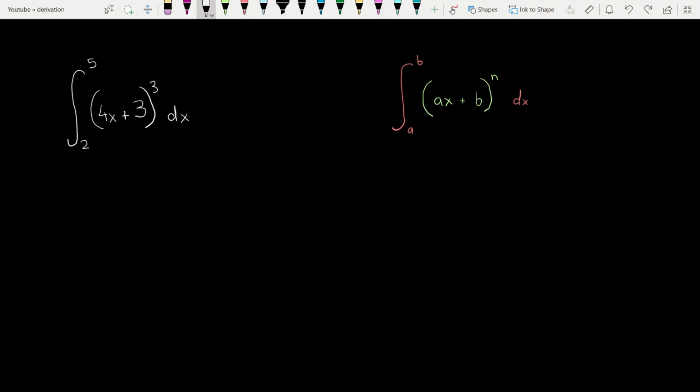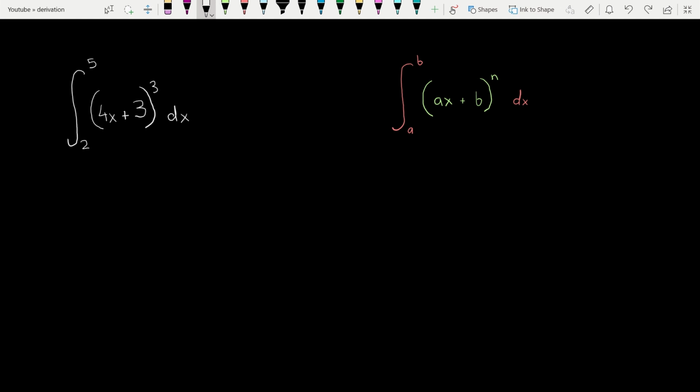So again, you're going to have two terms. One of them is going to have an x with them, the other one is not going to have an x. And then the entire thing is going to be raised to some power n. Now, I want you to identify this form whenever you see it, and I want you to memorize this general form, because obviously if you don't know it in your memory, how are you going to identify it? Now the signs over here, the b has a positive sign, and obviously ax doesn't have a sign, so we can assume it's positive.